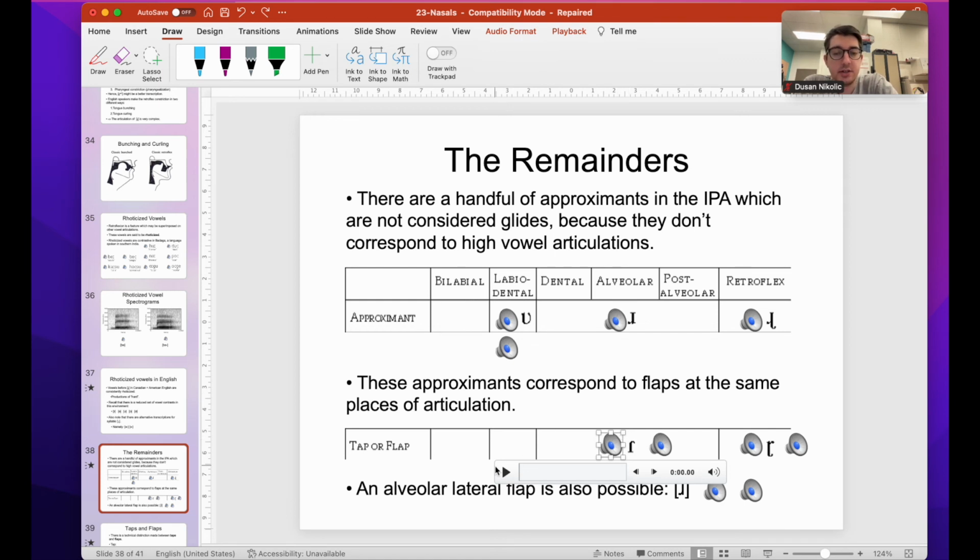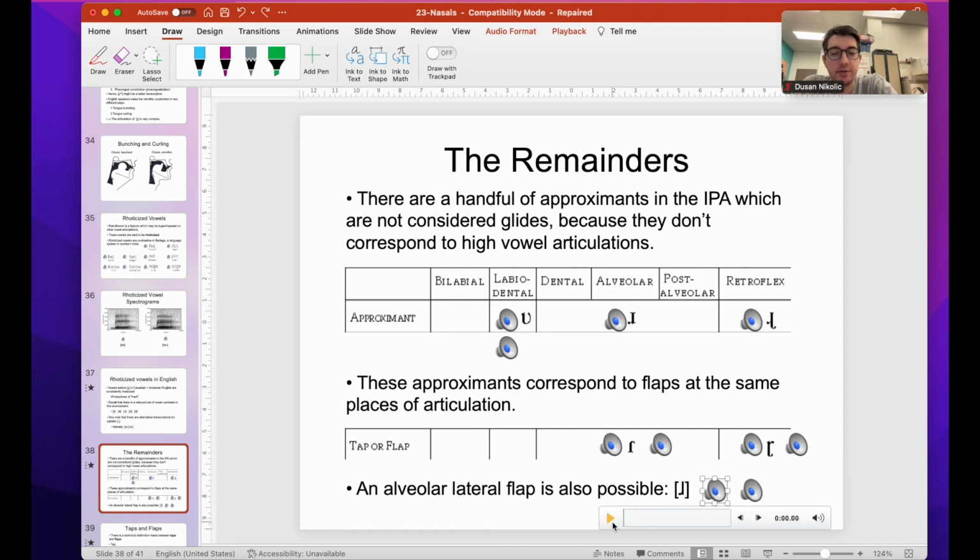This is an alveolar tap or flap, like "city." And there is also a retroflex tap or flap. So you're basically making a tap or flap with your tongue, and you're curling it back at the same time.